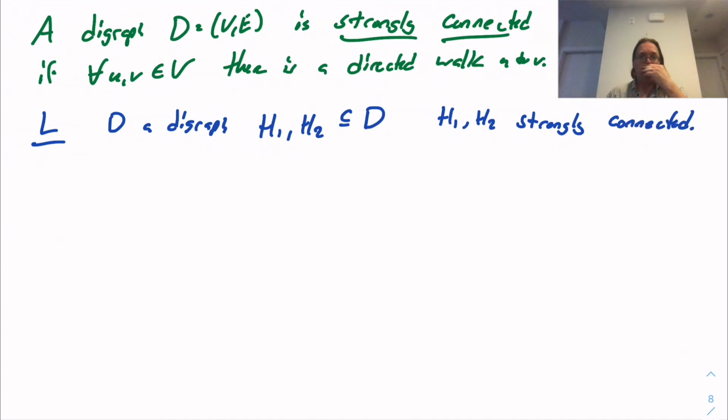Right? So again, that means for the digraph H1, for any 2 vertices in H1, there's a directed walk from one to another in H1, and same for H2. And now I'm going to tell you that H1 and H2 share a vertex in common.